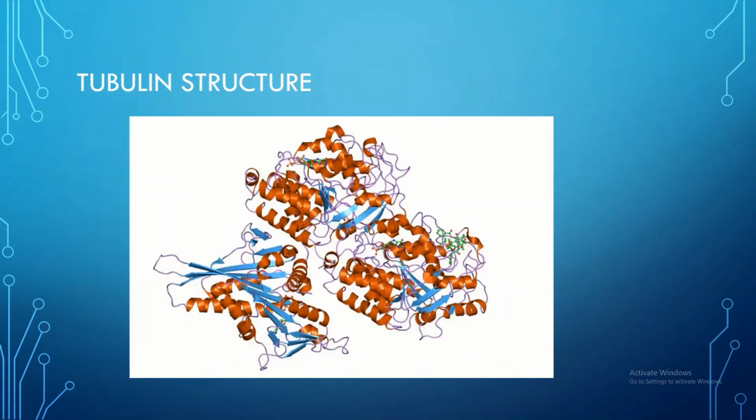Now we can look at the structure of tubulin. We see the polypeptide backbone here, and it's this purple structure that is a wire-like structure just winding around through this whole thing. And then we move on to secondary structures, which will consist of the red and the blue features.